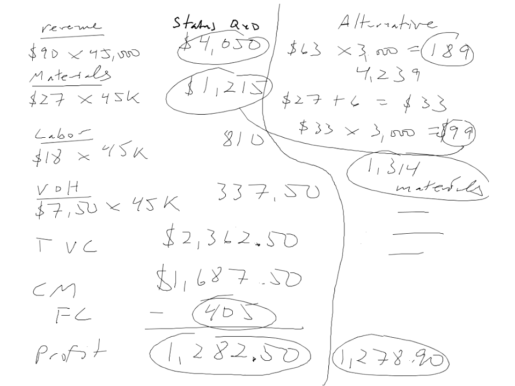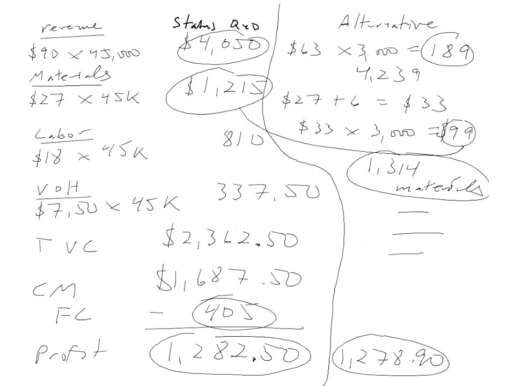So for B, the question is, do you agree with the decision to accept the special order? Well, when you look at the profit of the status quo versus the profit of the alternative, you see that you're getting less profit if you take this job. So then your answer should be no, because you're losing money.